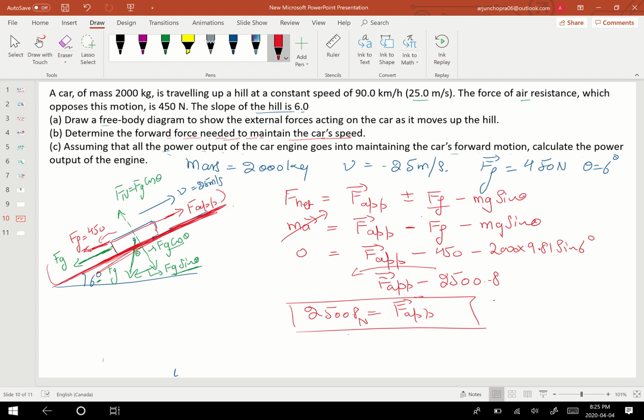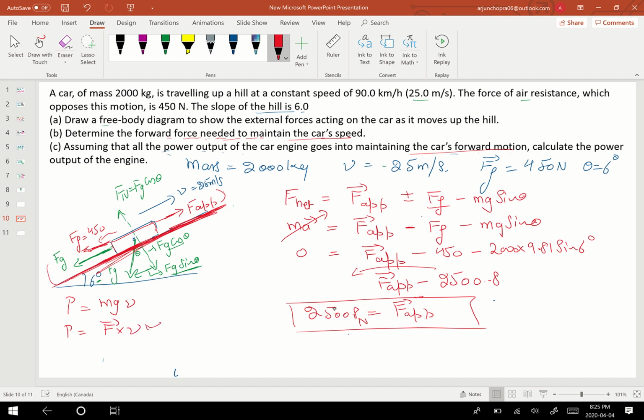Now I wanted to find the power output of the car engine to maintain the car speed in the forward direction. There are two different formulas which we learned in the last lecture. One was power equal to mgv, another was power is also equal to force times velocity. Which formula looks more suitable?